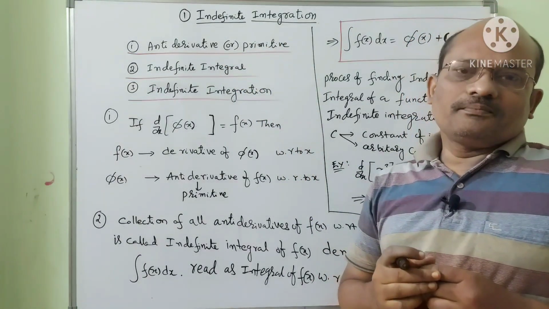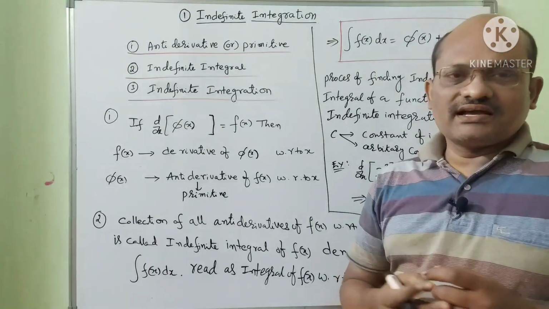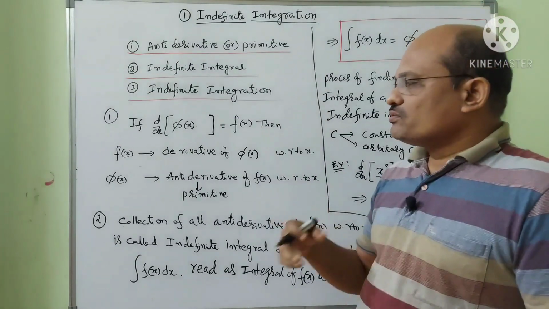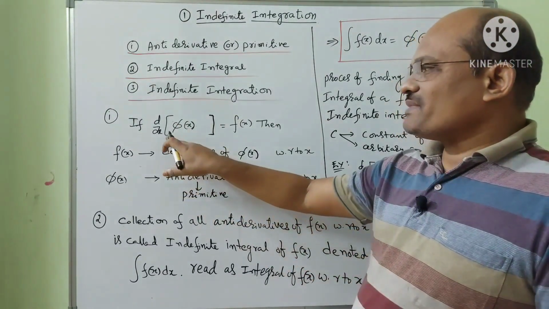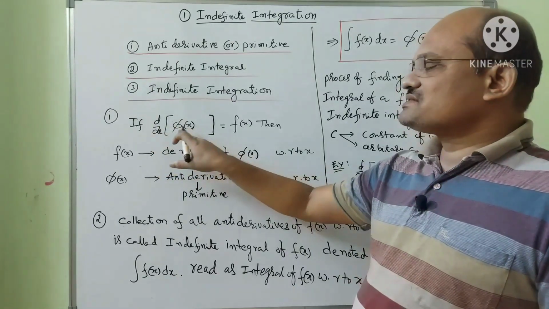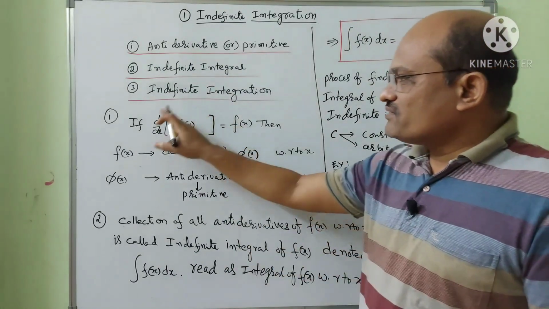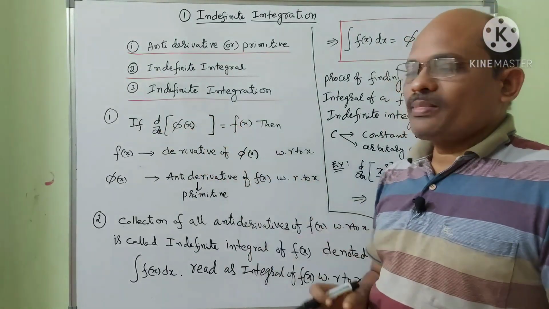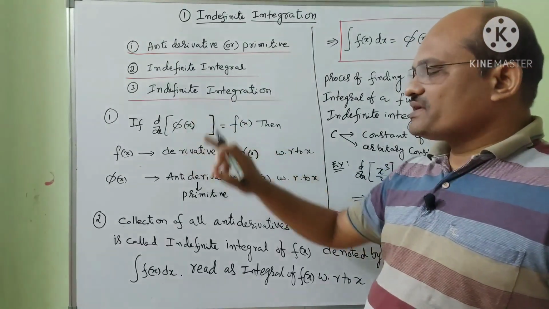Take a function phi of x, which is a differentiable function at any x. Now the derivative of phi of x with respect to x can be expressed mathematically as d by dx of phi of x is equal to f of x. By observing this expression, we can say f of x is the derivative of phi of x.